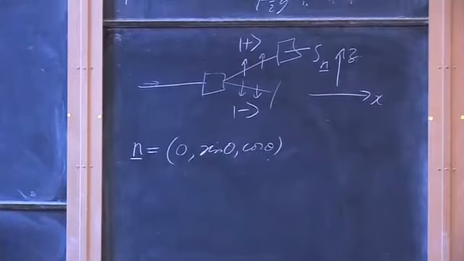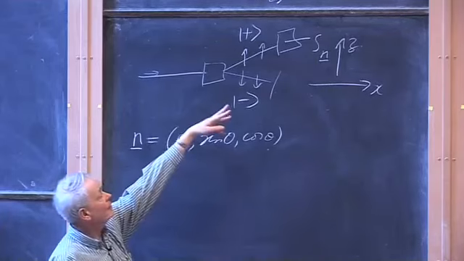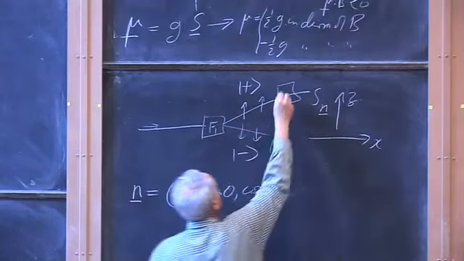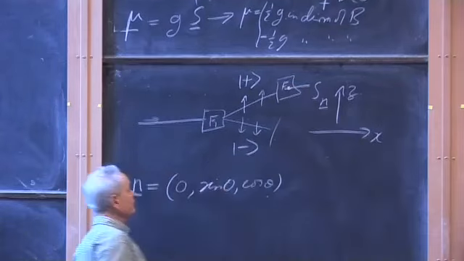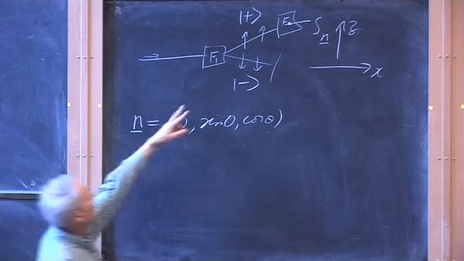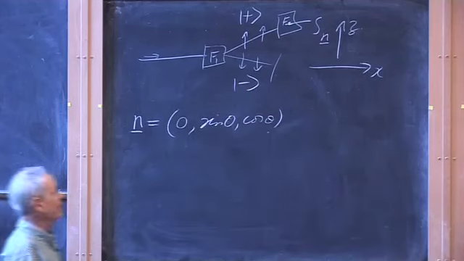And what we want to do is calculate which fraction of the atoms will get through the second filter. So this is the filter F1, this is the filter F2, and you want to calculate the probability that an atom gets through both filters. Or let's focus for the moment on the probability that an atom that has got through the first filter gets through the second filter.